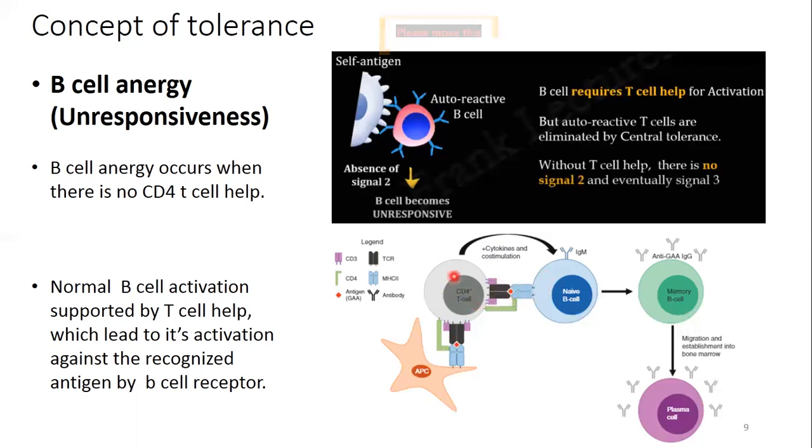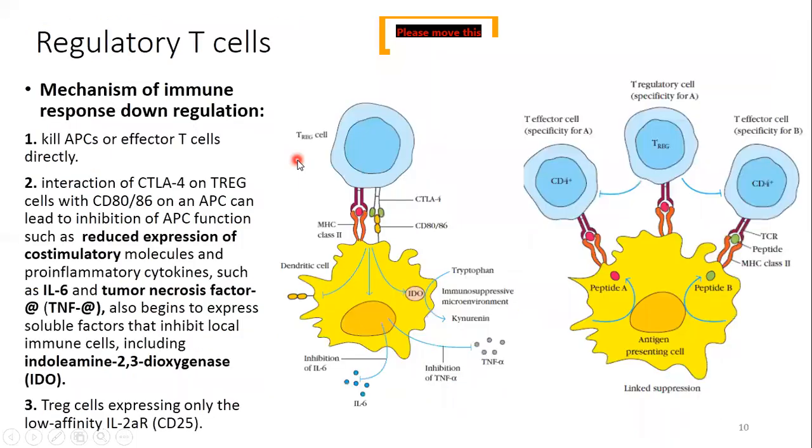Now, when the T cell is activated, it can send signals to tell the B cell, yes, become activated, we need to mount an attack on this antigen. This is the normal process, but here we saw how it becomes anergic.